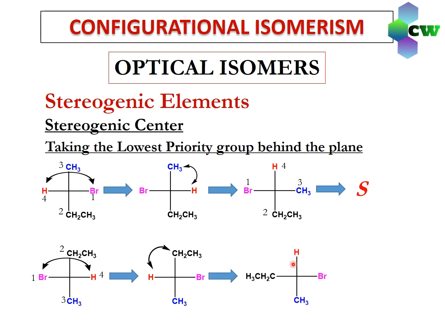So now H is on the vertical axis, it is projected away from you. After assigning priorities, moving from 1 to 3, again you are moving anti-clockwise. So the absolute configuration is S. So this is a trick for how to take your lowest priority group behind the plane, or onto the vertical axis, in a Fischer projection.